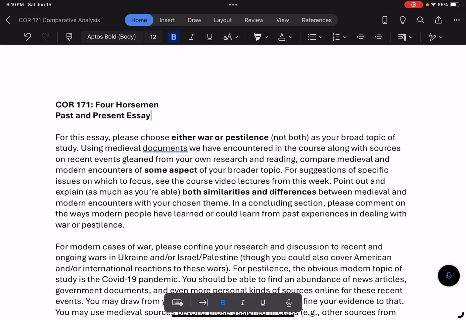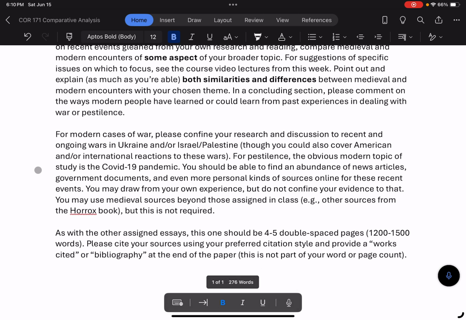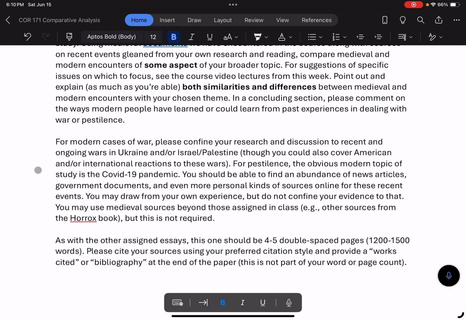So do a little research. You should be able to do all the research you need for this online. There are so many news articles, government documents, other sources, even perhaps social media posts, although that's a rabbit hole that I'm not sure you want to go down necessarily, because you need to be rigorous about your research here.